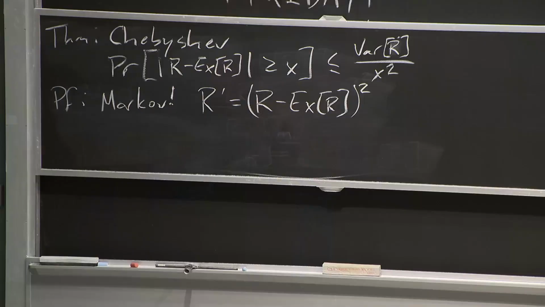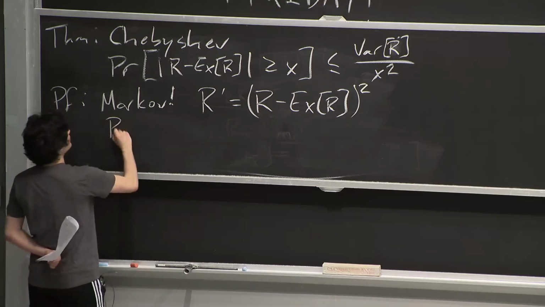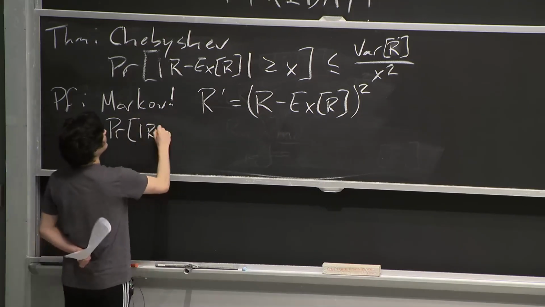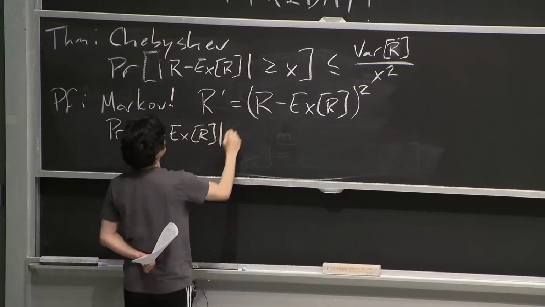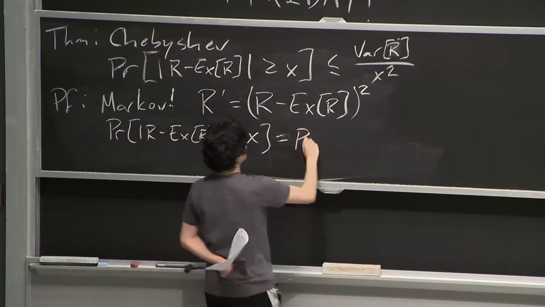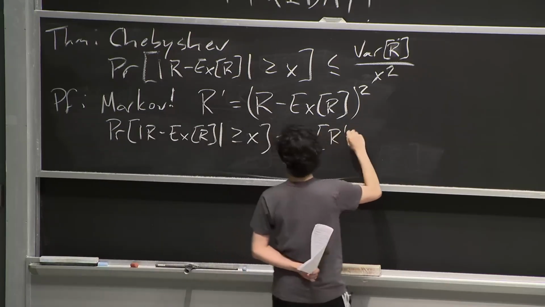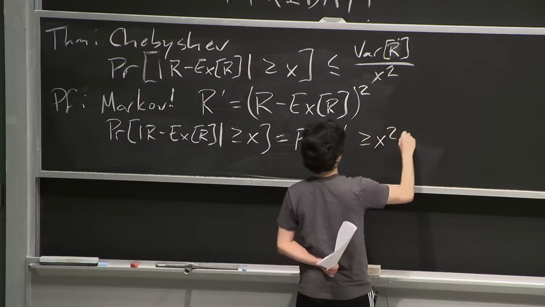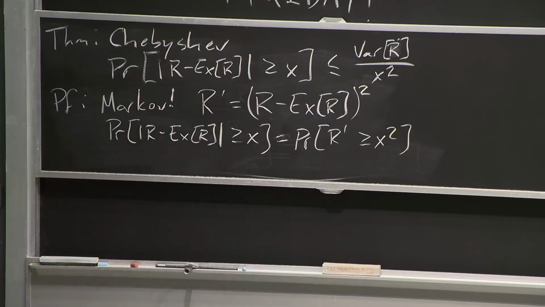So the probability that the absolute value of R minus its expectation is greater than or equal to x equals the probability that R prime is greater than or equal to x squared, because those are exactly the same event, so they have the same probability.